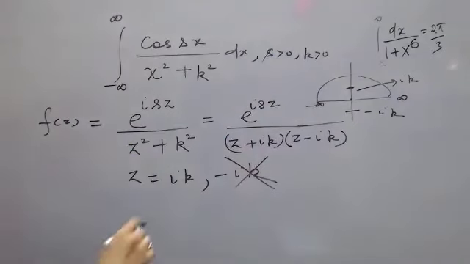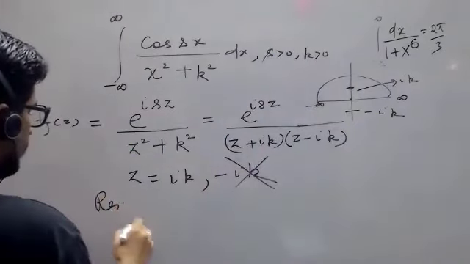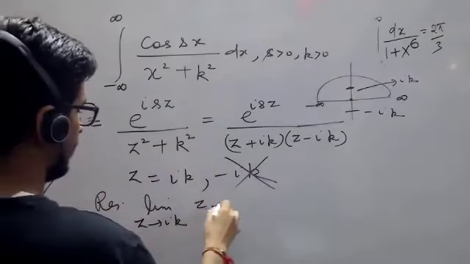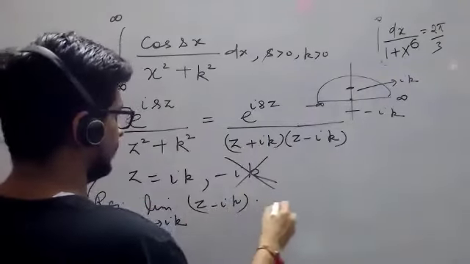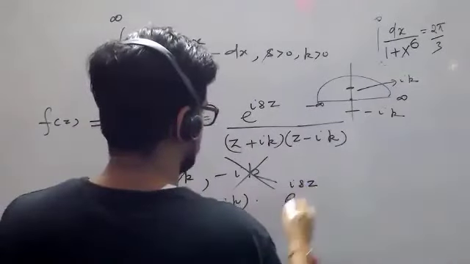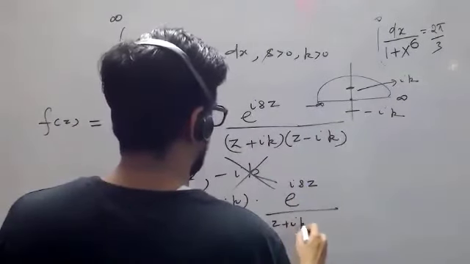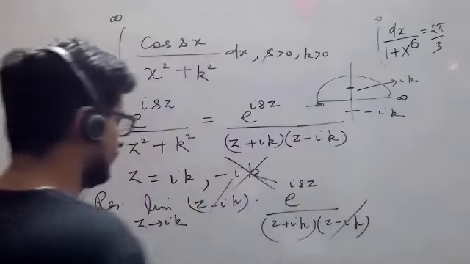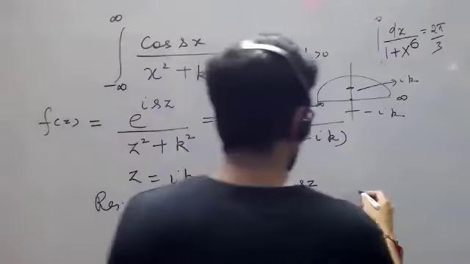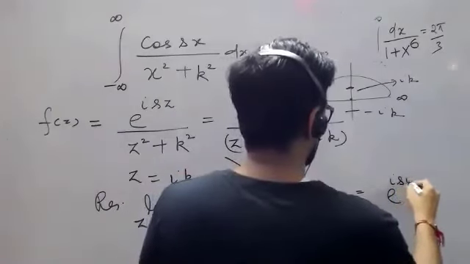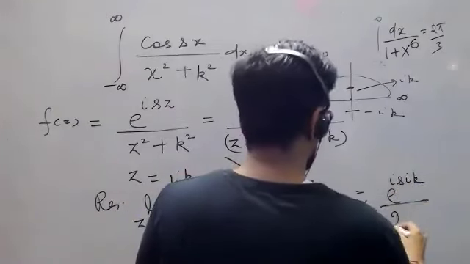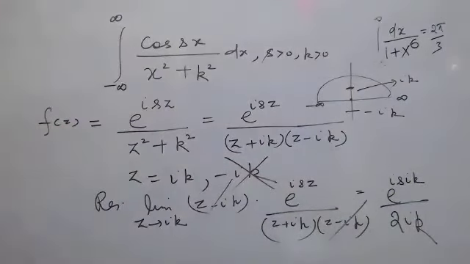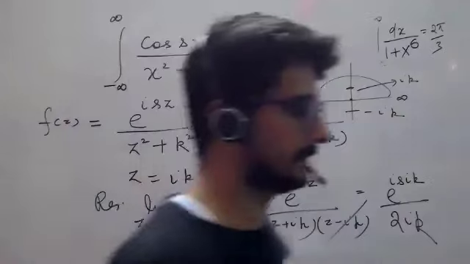Now we have to calculate the residue, which is a simple pole. So z tending towards ik. अब मैं पूरा फिर से लिख दे रहा हूं आपके लिए. e to the power i s z over (z plus ik)(z minus ik), it will be cancelled, and you put z is equal to ik, it will become e to the power i s ik over 2 ik. Okay, so now what will be my answer?